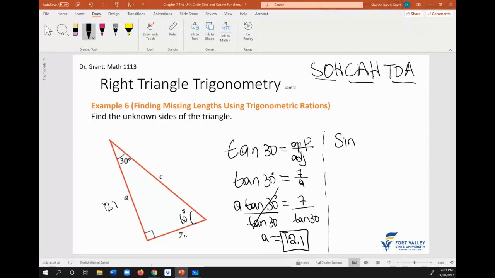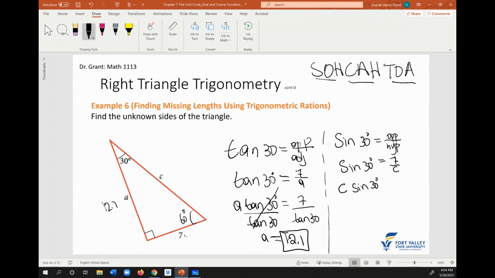Sine of 30 is going to be opposite over hypotenuse, which is going to be 7 divided by C. And so you can do the same thing.